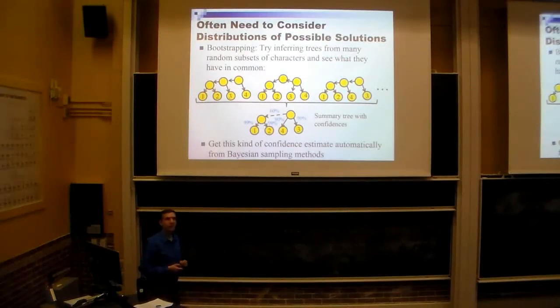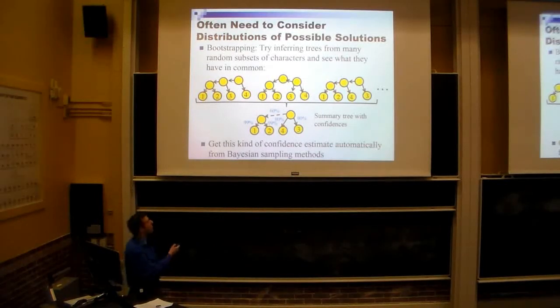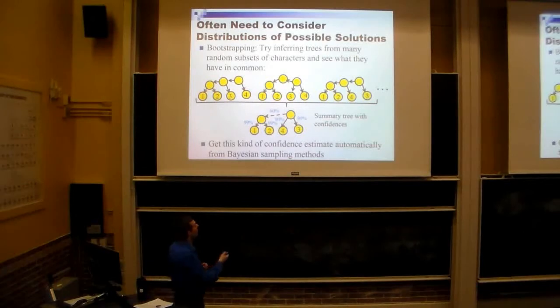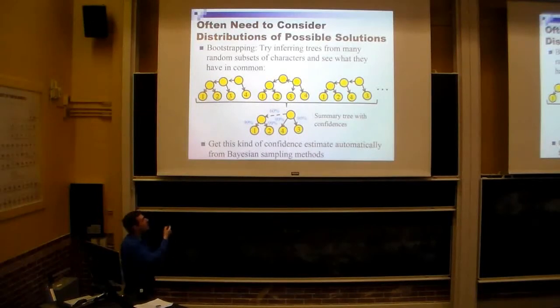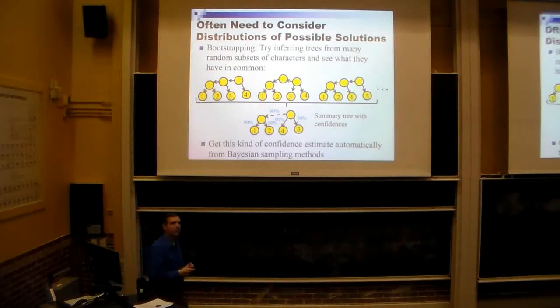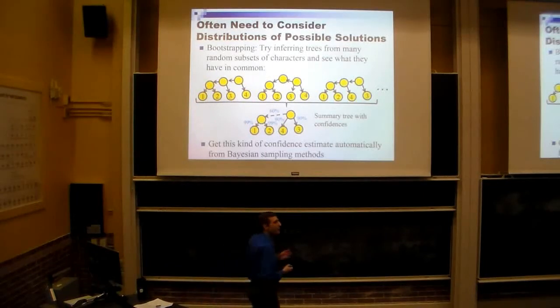And usually with phylogenetics, you don't just generate one tree, you do some kind of study that will let you get a handle on uncertainty in your analyses. If you were doing a maximum parsimony tree, you would commonly do what's called bootstrapping, which basically means try lots of random subsets of your data, see which trees are produced by these different subsets, and try to figure out what those have in common to see what aspects of your tree are strongly supported by the data, and which are very uncertain.